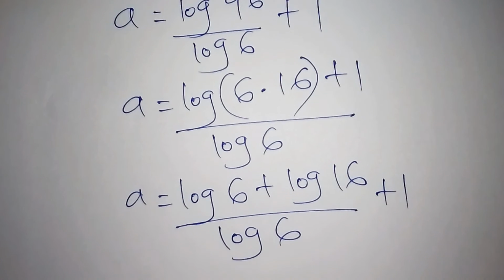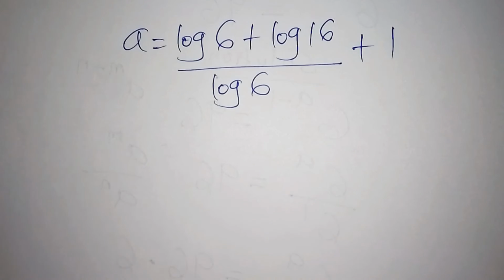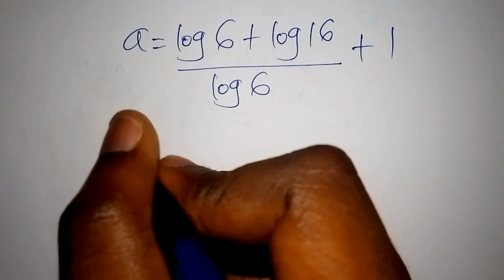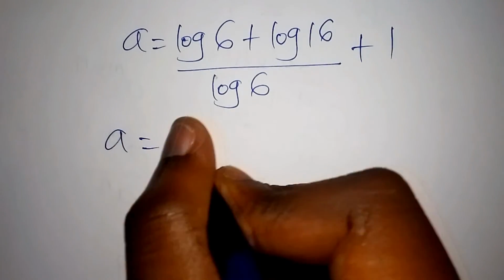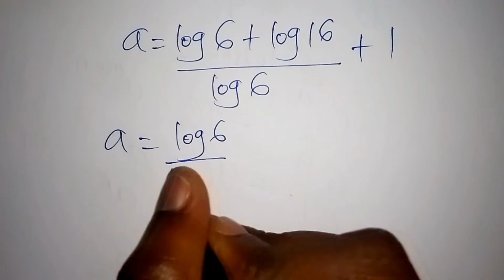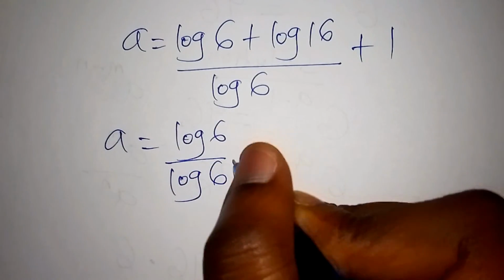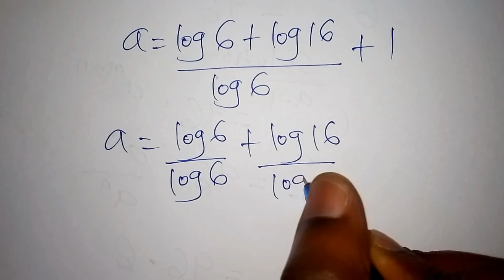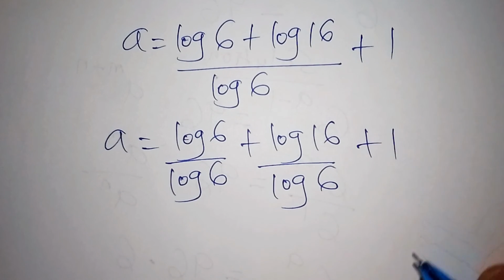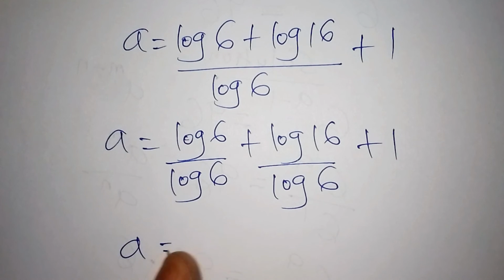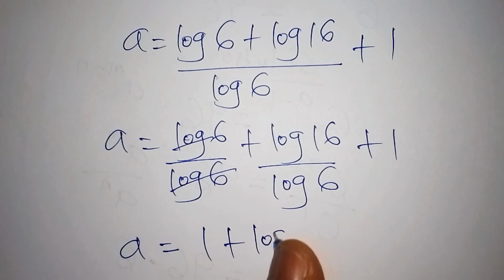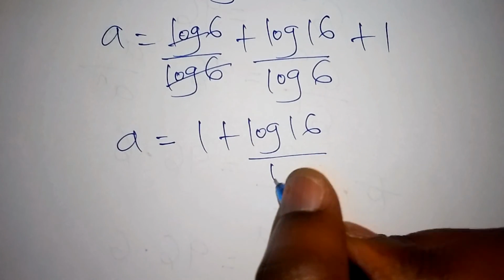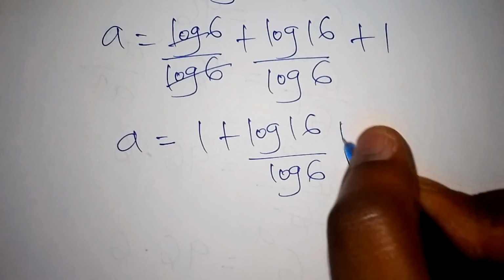Now we shall divide everything by the log of 6. So our a is equal to the log of 6 all over the log of 6, plus the log of 16 all over the log of 6, then finally plus 1. The log 6 and log 6 shall cancel, so now we have 1 plus the log of 16 all over the log of 6, then plus 1.